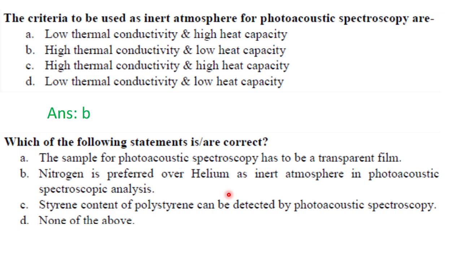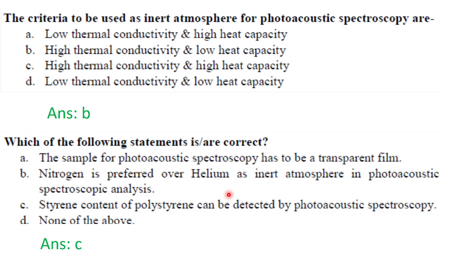Third is, the styrene content of polystyrene can be detected by PAS, and fourth is none of the above. Correct or incorrect? In polystyrene, the monomer unit has the styrene.